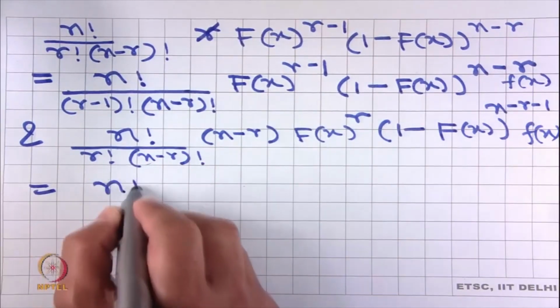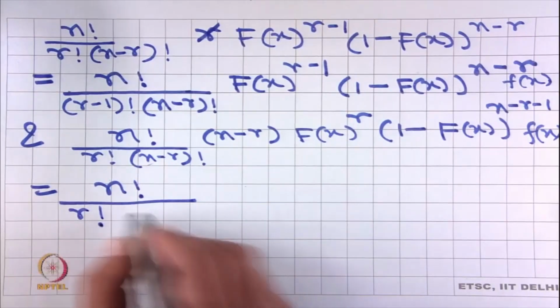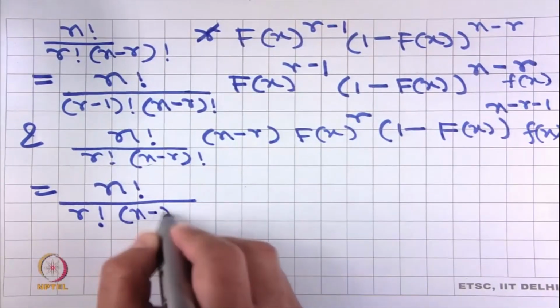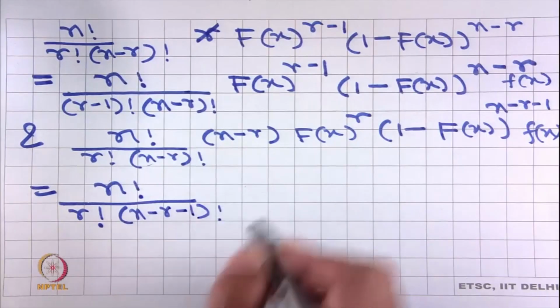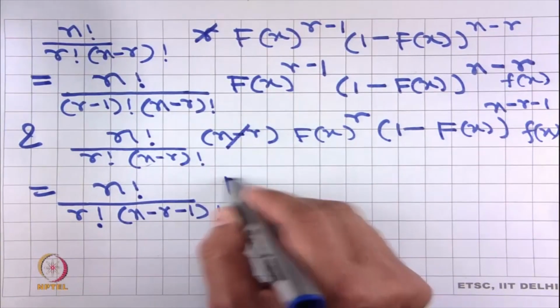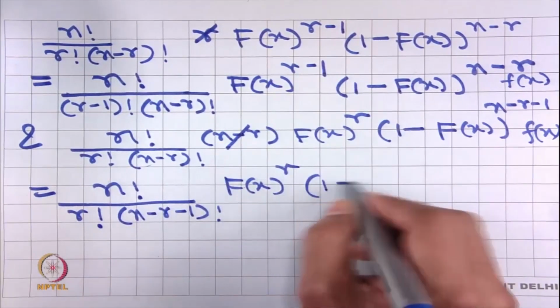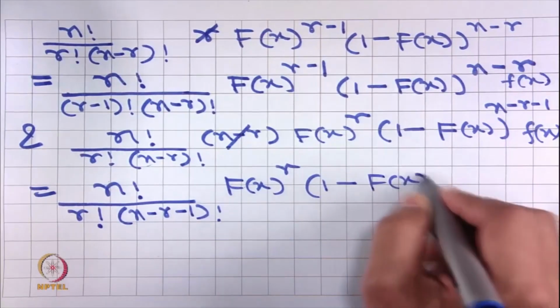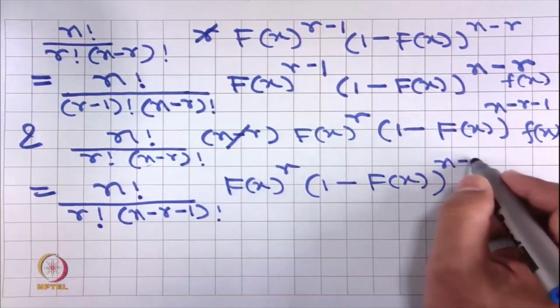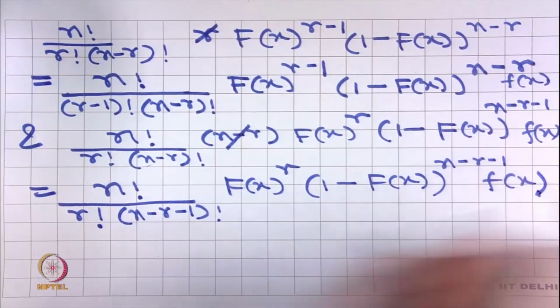So, that gives me n factorial upon r factorial n minus r minus 1 factorial, this cancels, f(x) to the power r, (1 minus f(x)) whole to the power n minus r minus 1 multiplied by f'(x).